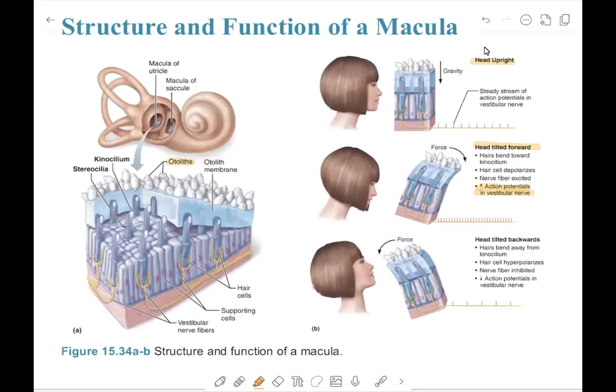When it moves backwards, it decreases action potentials in the vestibular nerve. But either way, it activates these receptors called the maculae. And there's a macula in the utricle and one in the saccule. But again, this area right here is the vestibule.